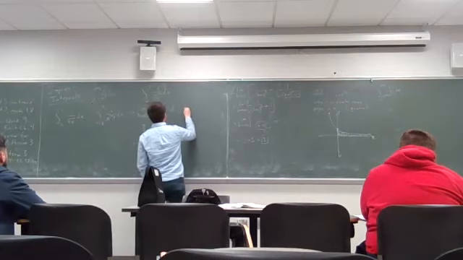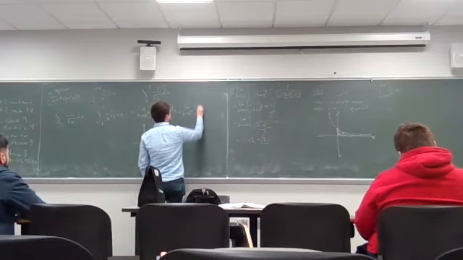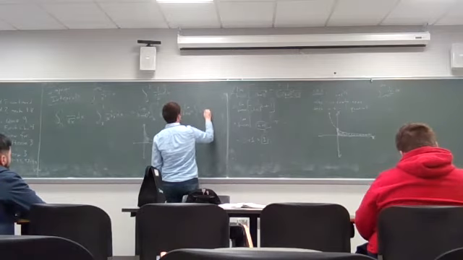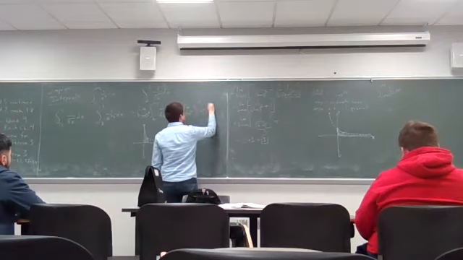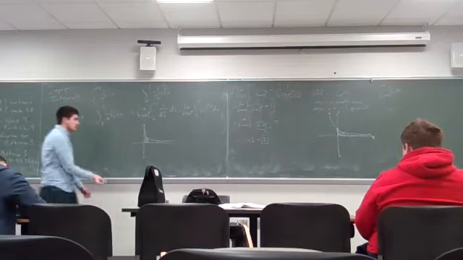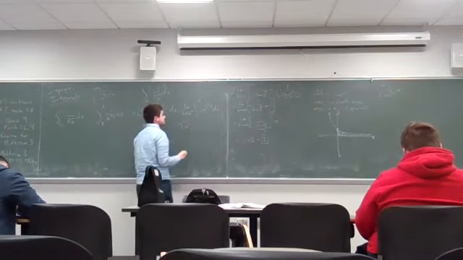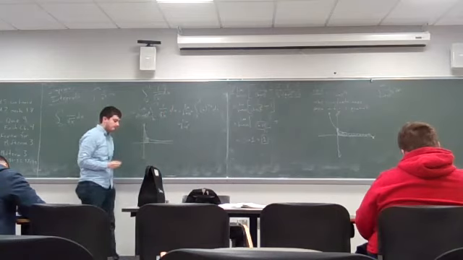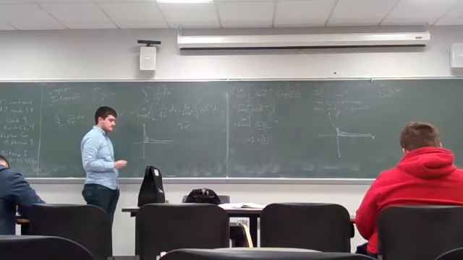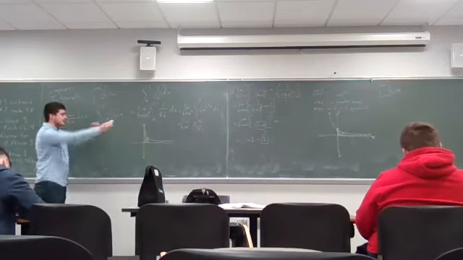Let's just take this and rewrite it. So b to 1 of x to the what power? Negative 1 half. Good. So what is the integral of x to the negative 1 half? x to the 1 half over 1 half.